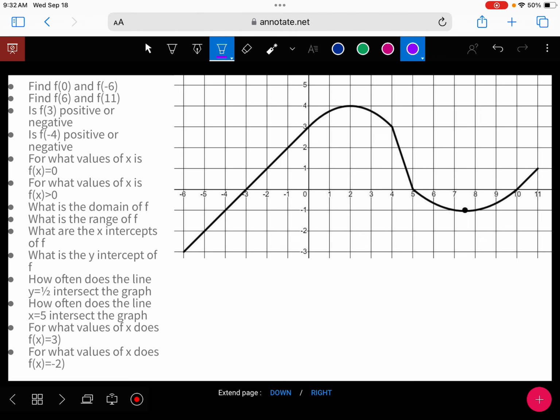All right. So our first one says to find f of 0 and f of negative 6. So look at your graph. I'm going to see if I can make this a little less gross up here.